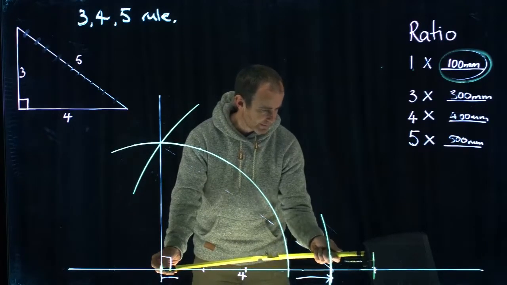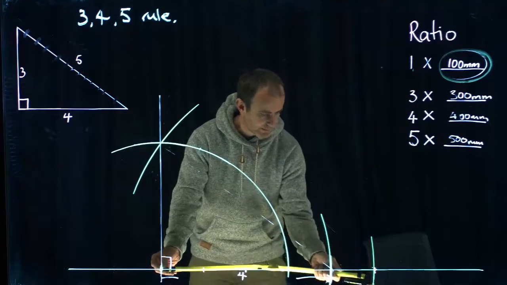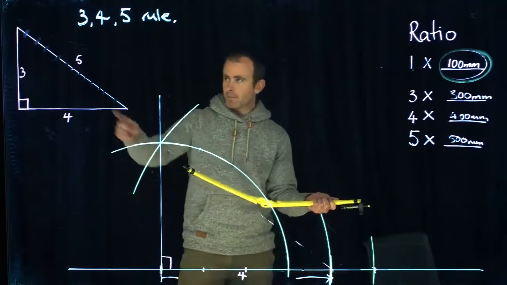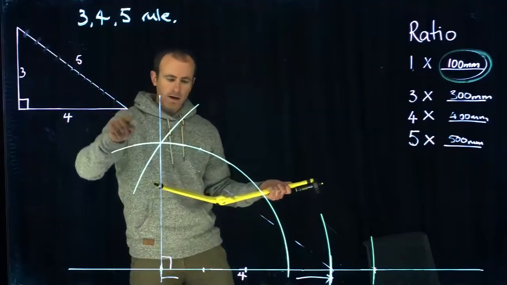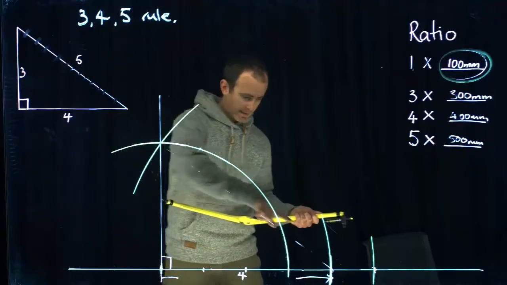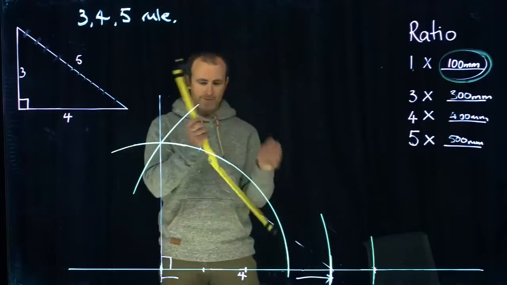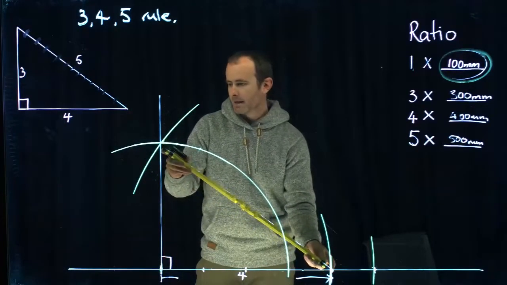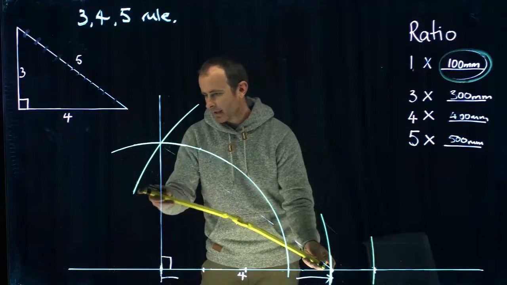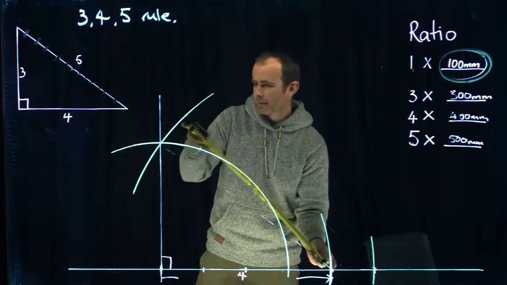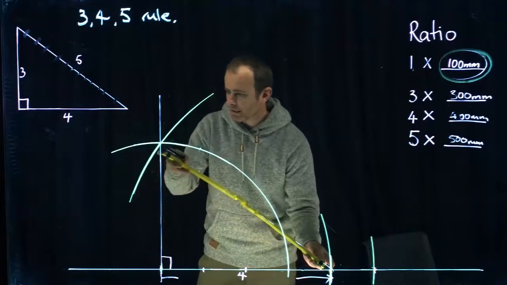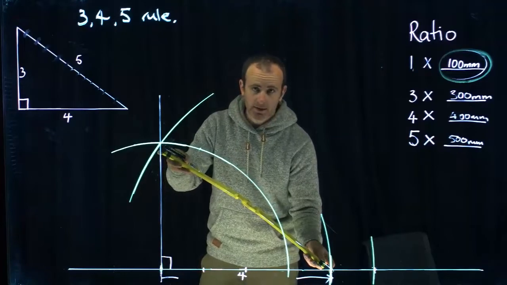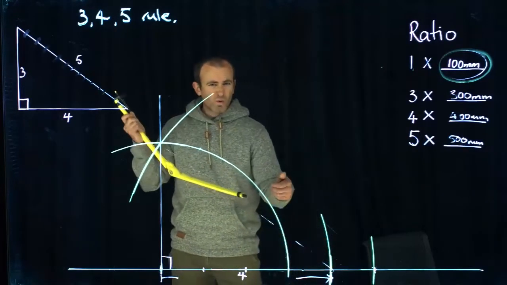And let's swing a bit of an arc there just to prove. Now remember, my long side, which is from here to here, should be my 5 portions. So I'm going to hold that there, and that confirms my 5 portion length, which is that length there.